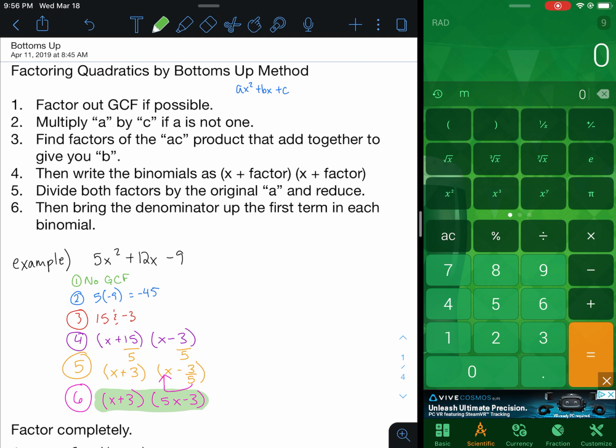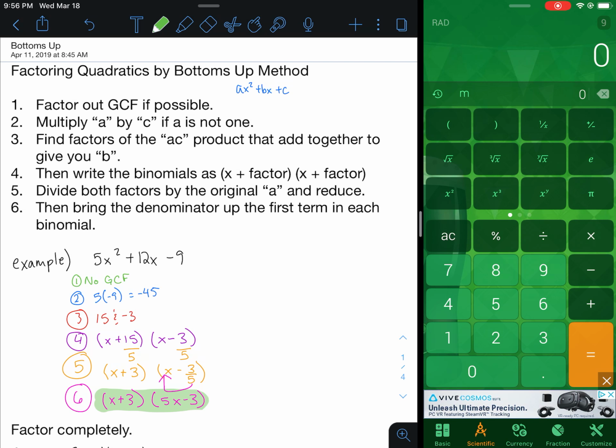So the first step is to factor out the greatest common factor if possible. If it doesn't exist, you don't have to do that step. Typically, if it's a negative number, you want to factor out a -1 just so that you don't have to deal with that negative at the end. But you don't have to, of course. And then the other thing is if everything's divisible by 5, you divide by 5.